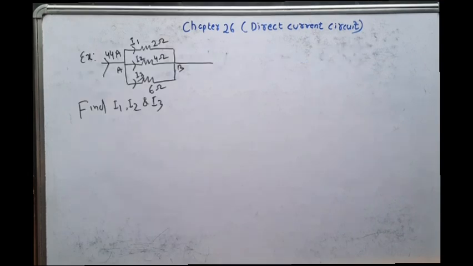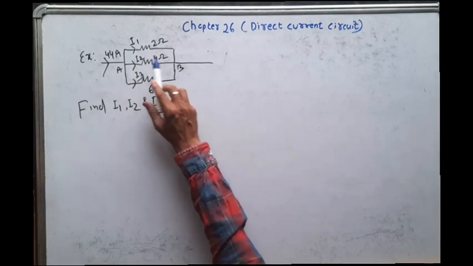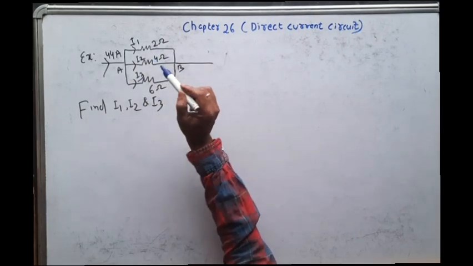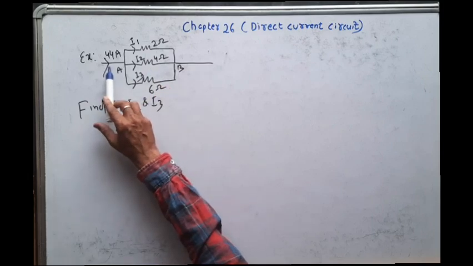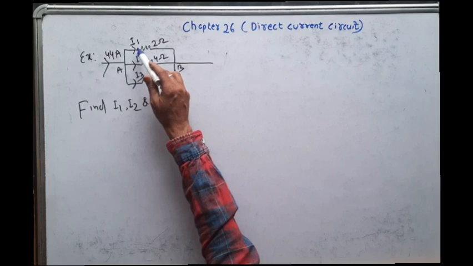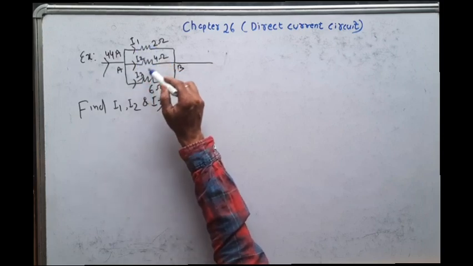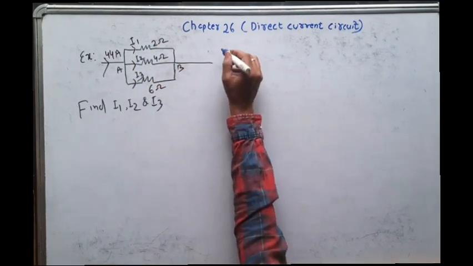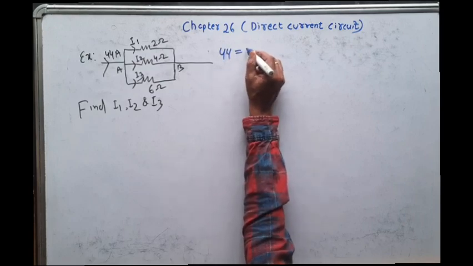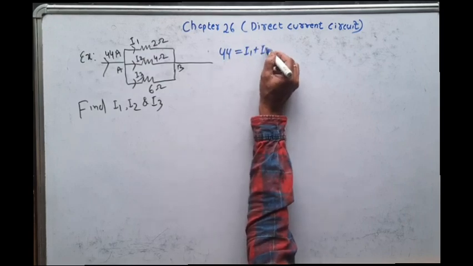Okay. Now see, in this example, there are 3 resistors connected in parallel, and the total current coming to this junction is 44 ampere. So you have to find the current through the individual resistors. So definitely the total current coming to this junction, 44, must be equal to I1 plus I2 plus I3.